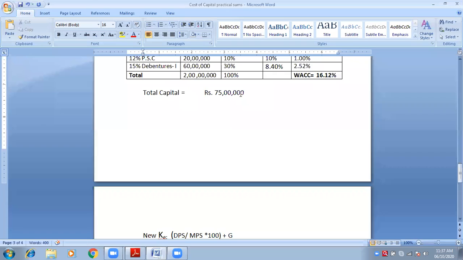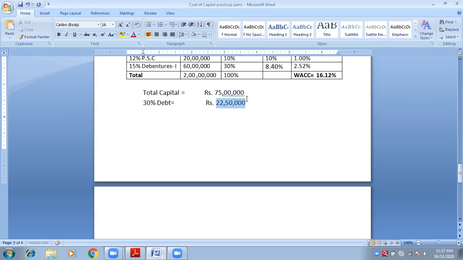So look here. I will tell you. 30 percentage will be debt. So can you tell me 75 lakhs into 30 percentage? 22 lakhs 50,000. See how simple it is. 22 lakhs 50,000 will be debt.